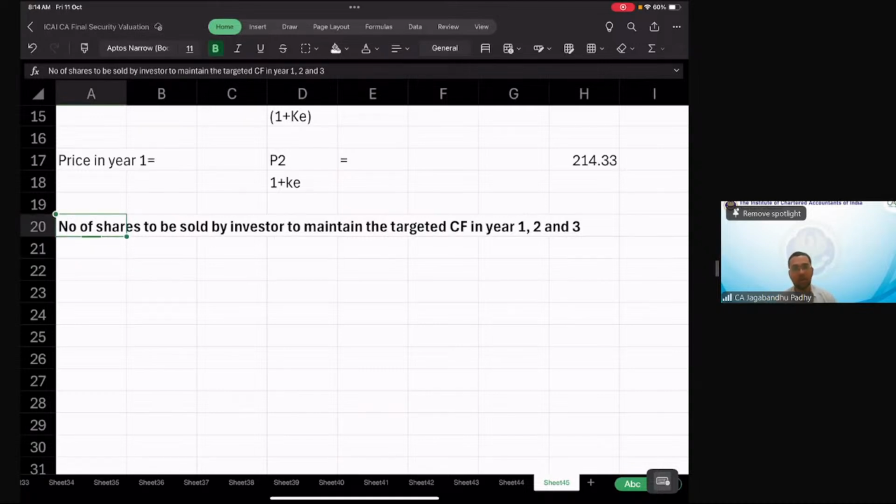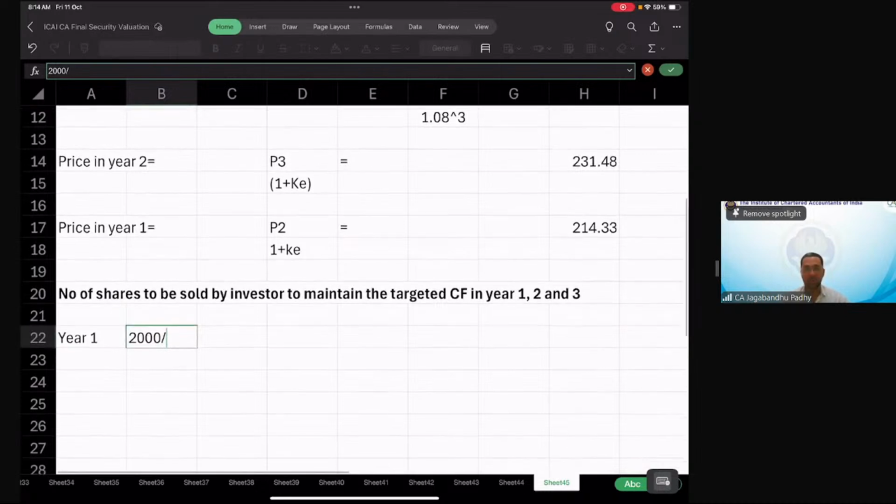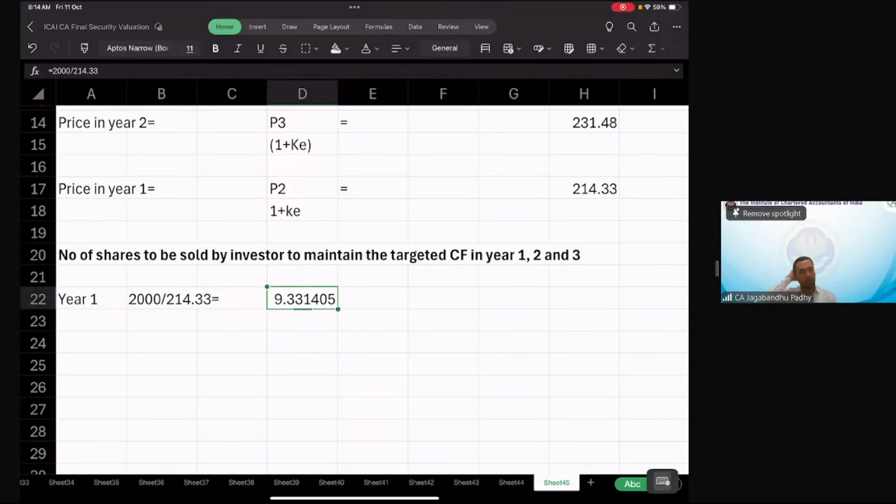So what will be the number of shares that we are going to sell? In year 1, you need an amount of 2,000. So 2,000 divided by the price of 214.33. We get 9.33.